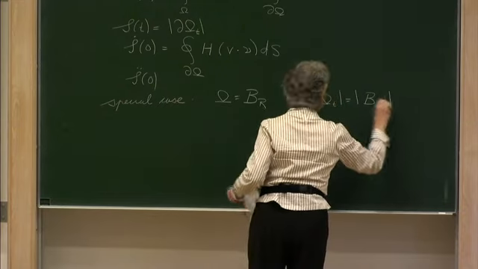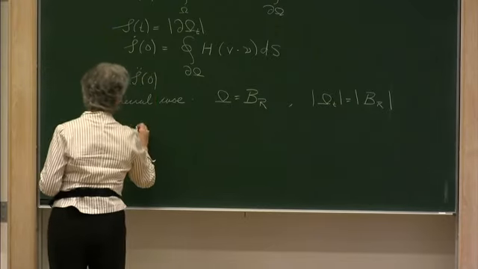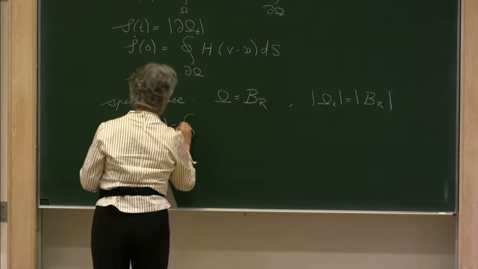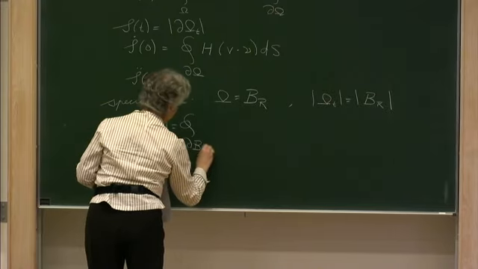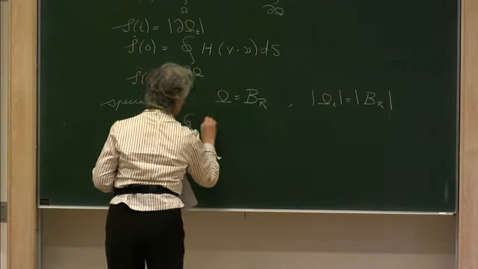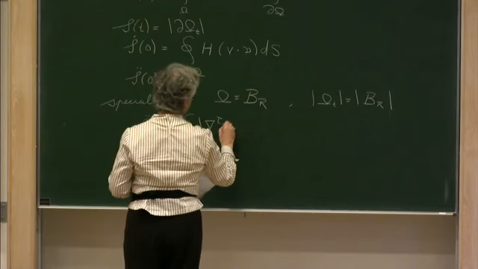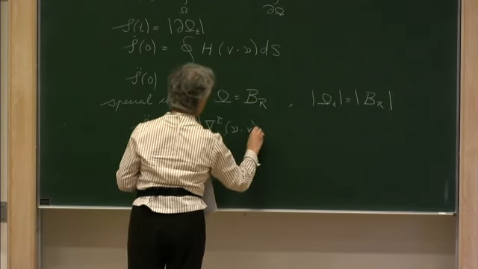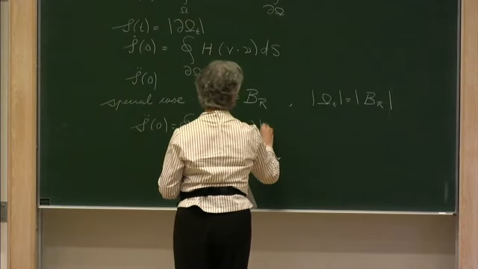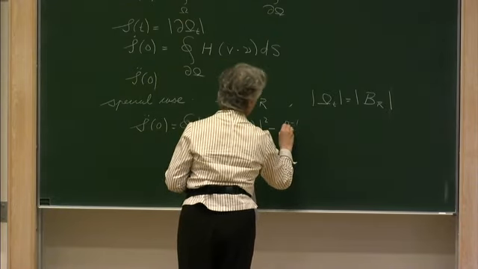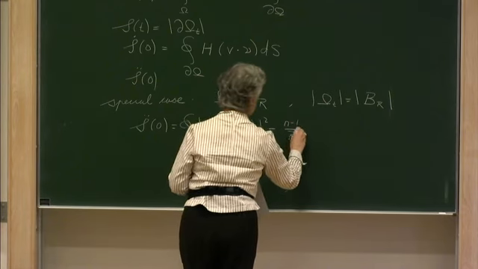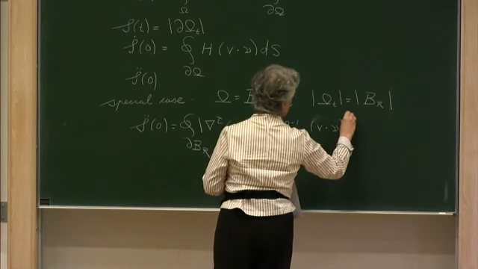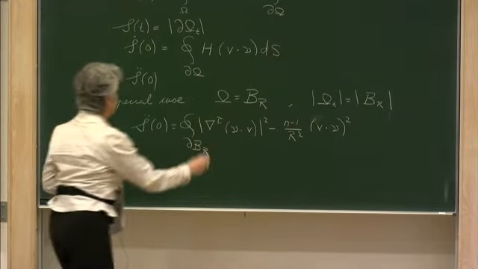Then we have a very nice expression for the second variation of the surface, namely the integral over the boundary of the ball of the tangential gradient of nu times v squared minus (n minus 1) over R squared times (nu times v) squared ds.